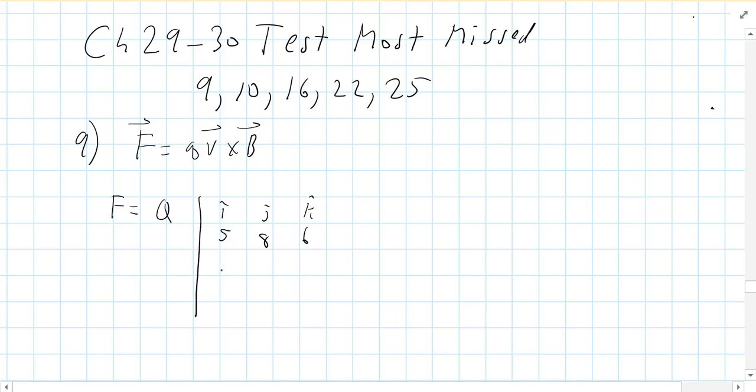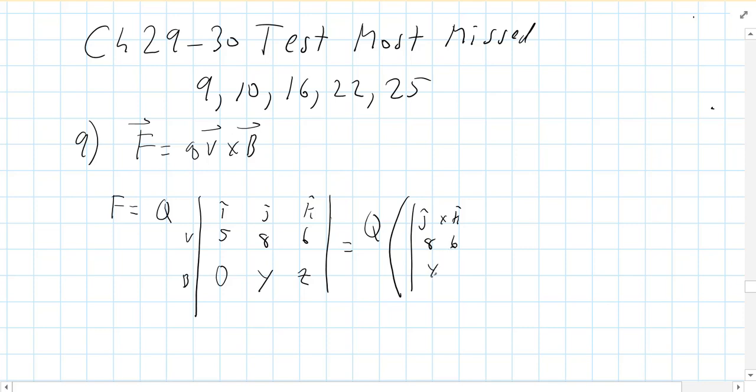But they did say the X component of the magnetic field is 0, so I'll put a 0 for that, and I'll call the 2 unknowns Y and Z. So that's your V and that's your B. Our force equals Q times: the I hat component is J cross K, which would be 8 and 6 and Y and Z, that would be I hat.